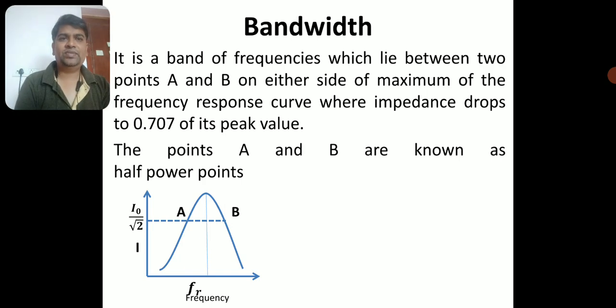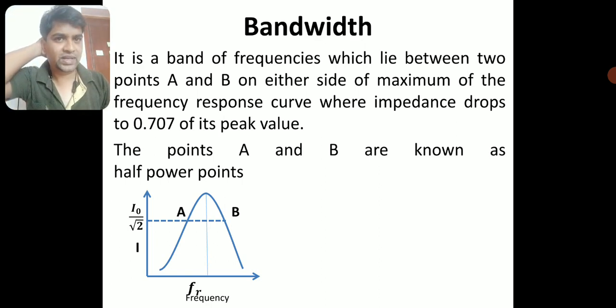Rather than saying it is impedance that drops, please make it correct: it is not an impedance, it is the current. The current drops to 0.707 times its peak value, which is I naught by root 2.